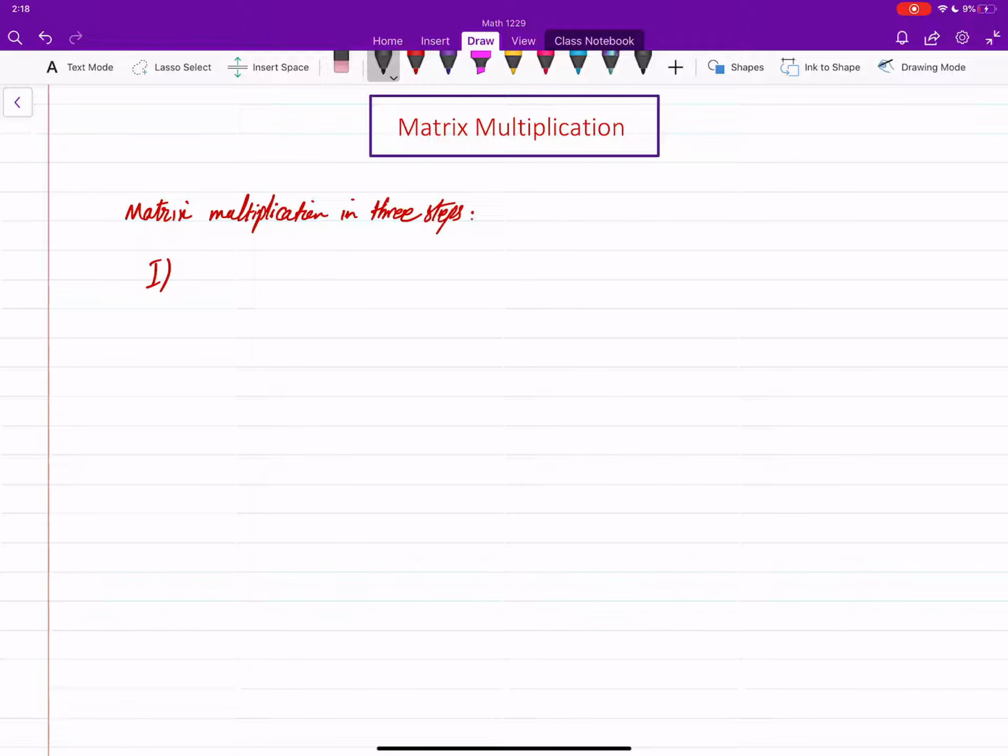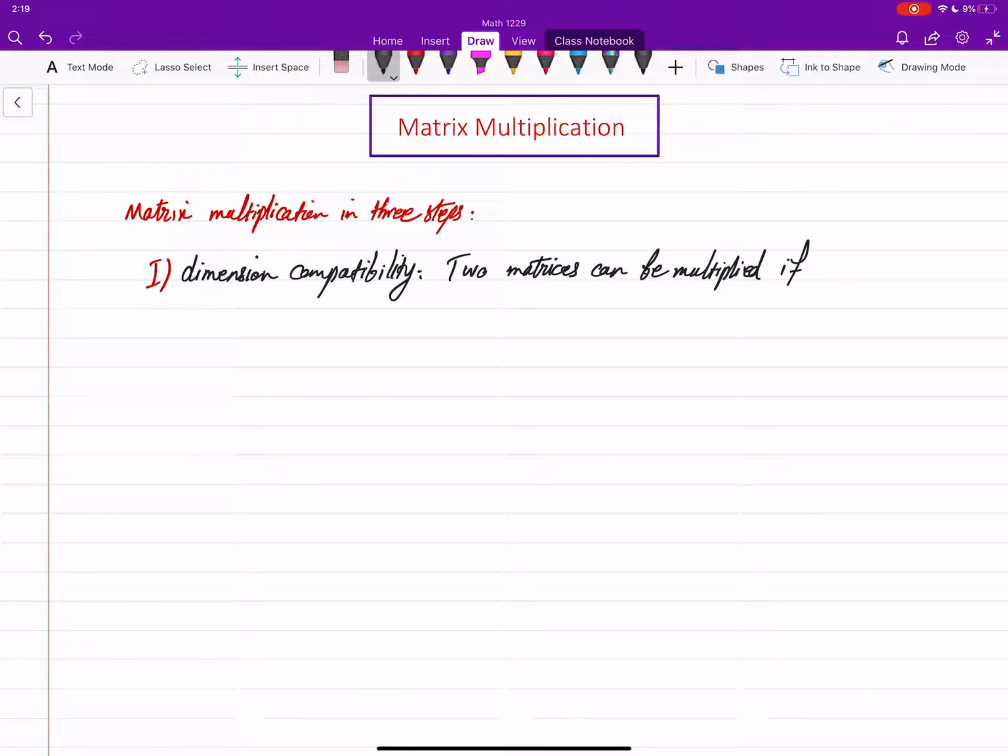So this is what I'm going to call dimension compatibility. What is dimension compatibility? Two matrices can be multiplied to each other if this is the compatibility condition.